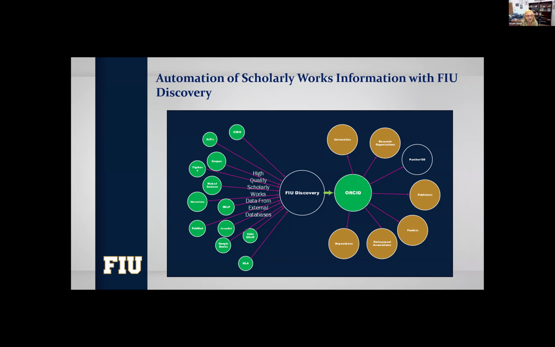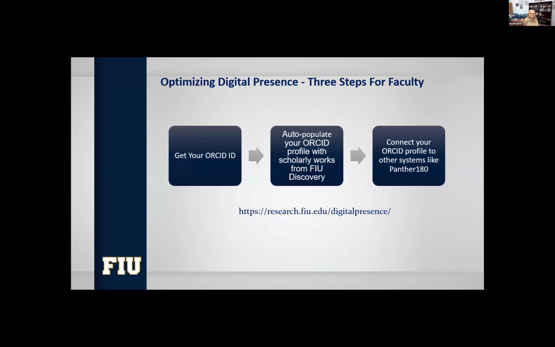Therefore, we did this FIU Discovery at FIU, and then we have all the information, then we populate ORCID. There had to be something in it for them, because not everybody is applying to NSF and has to have that. So our success depended on this simplifying your life.